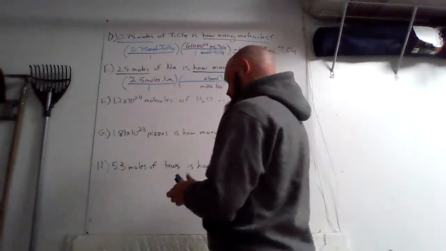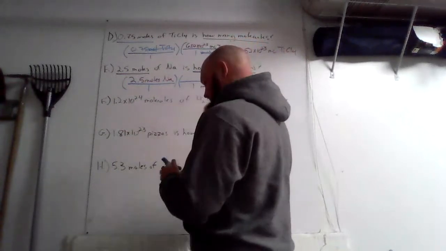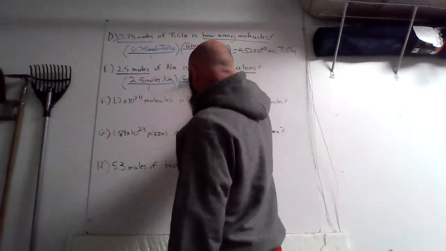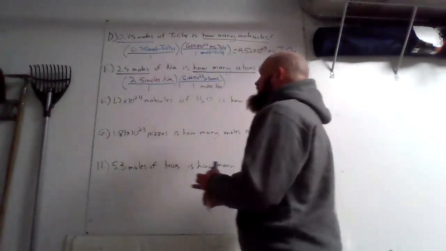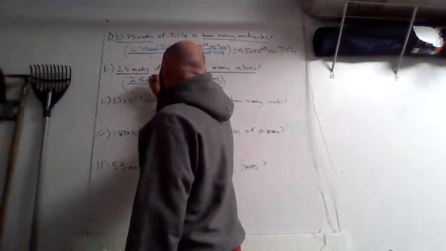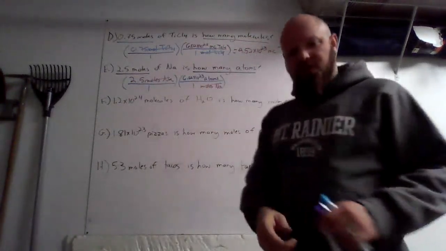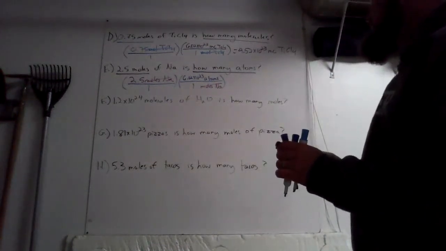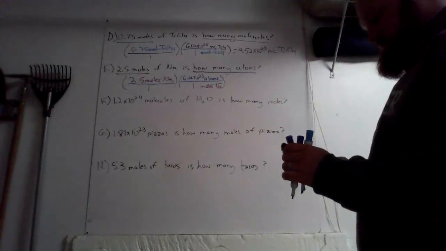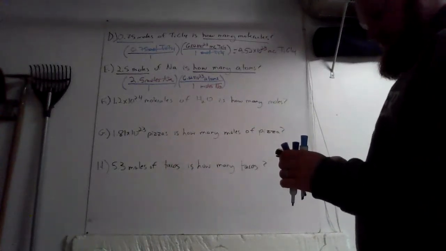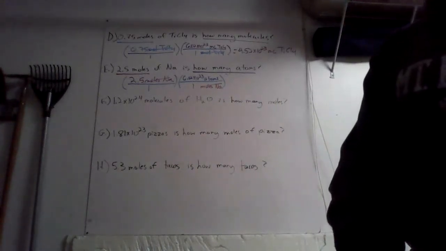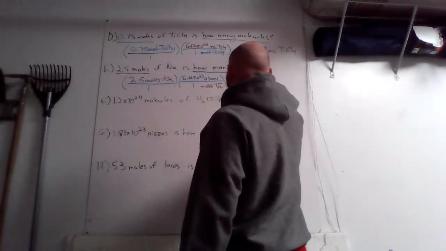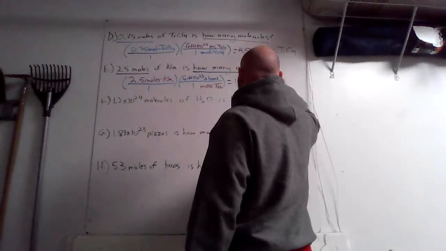So I am saying 1 mole is equal to 6.02 times 10 to the 23rd atoms. Moles of sodium will cancel out, so I'll be left with only atoms. So I'm going to do 2.5 times 6.02 times 10 to the 23rd, and I'm going to get 1.51 times 10 to the 24th atoms.